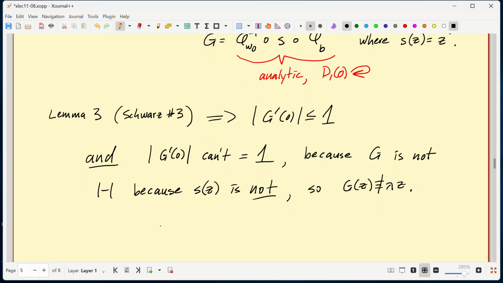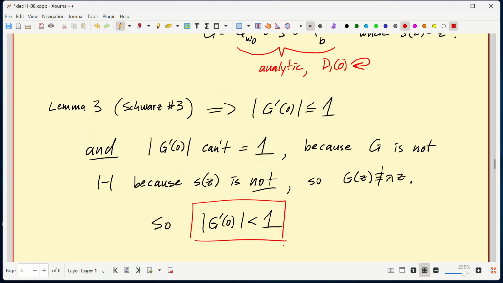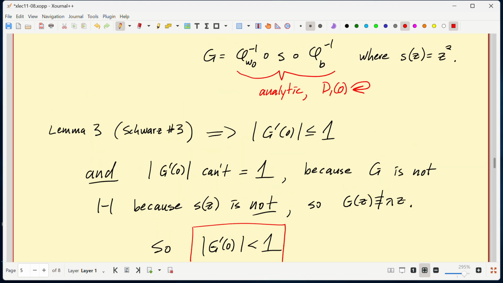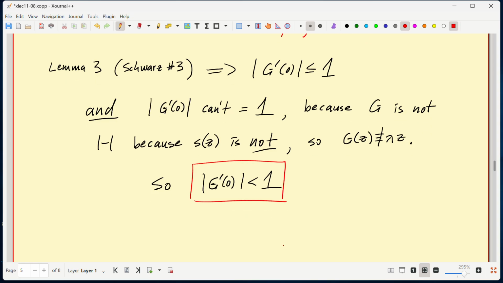That's the important thing. So G prime of 0 in modulus is strictly less than 1. Let's put that in the box. That's a very easy thing to do because that's a very explicit map. I could even compute it to demonstrate that because it's just Möbius transformations and a square function. But the Schwartz 3 gives it quickly.